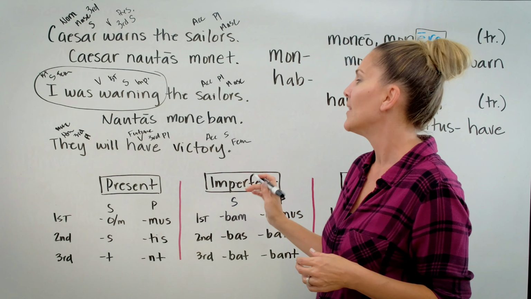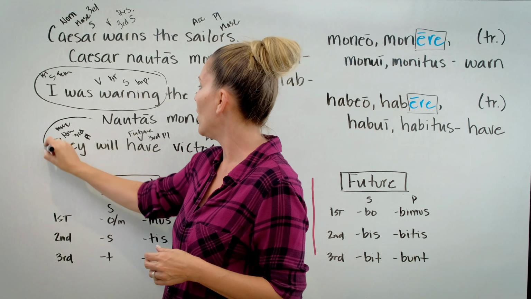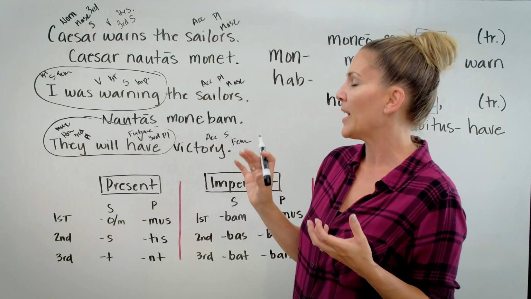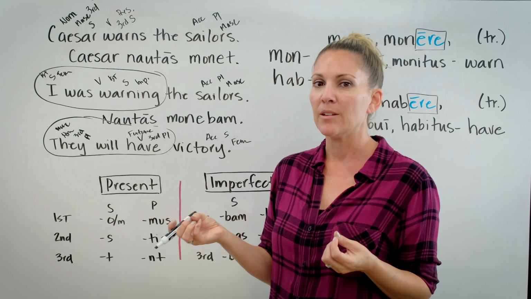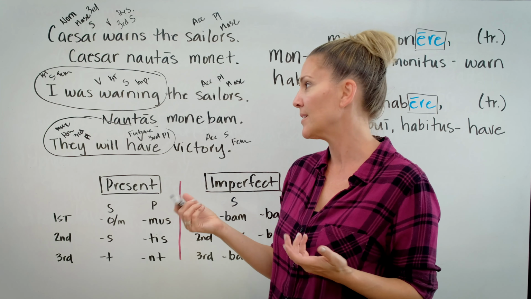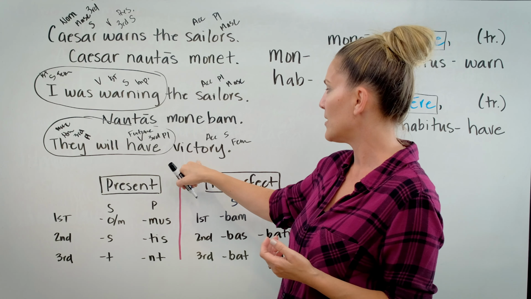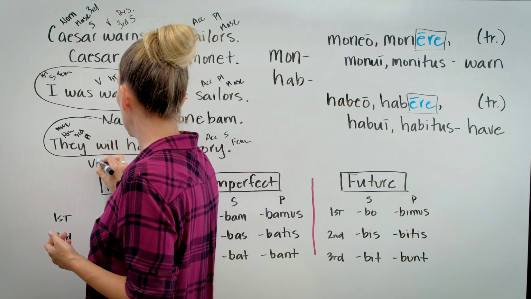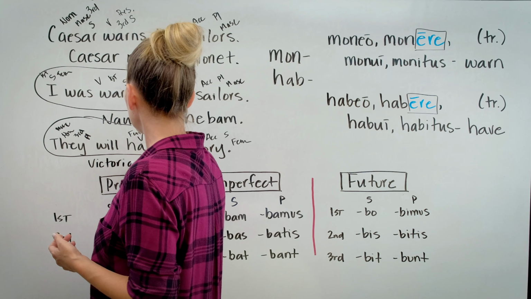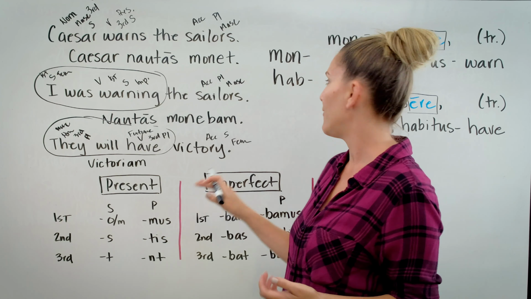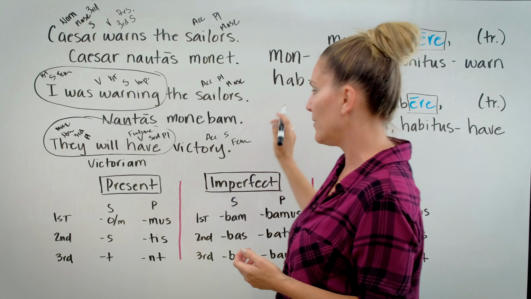So again, I can wrap all of these words into one since my endings communicate who's performing the action in an inflected language like Latin. So this time I'm going to start with my accusative, which is victoriam. And how would I say they will have? Well, I found my stem. It's HAB for the word have.